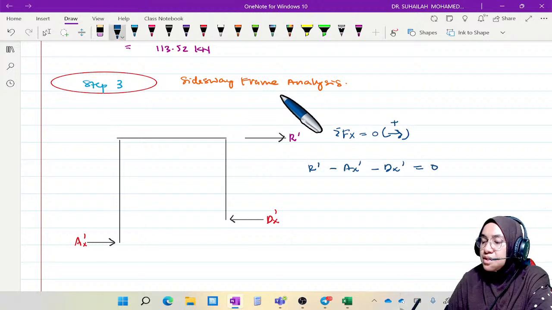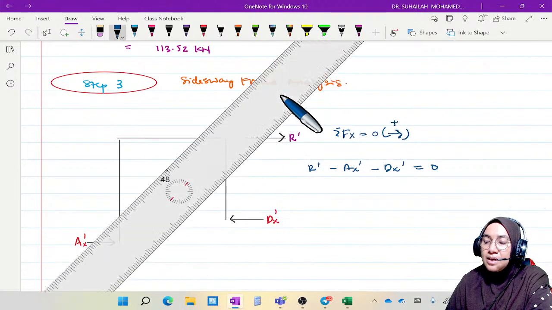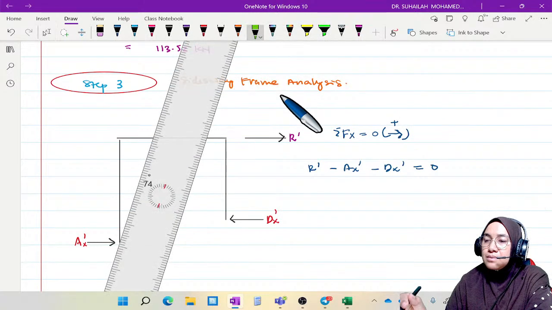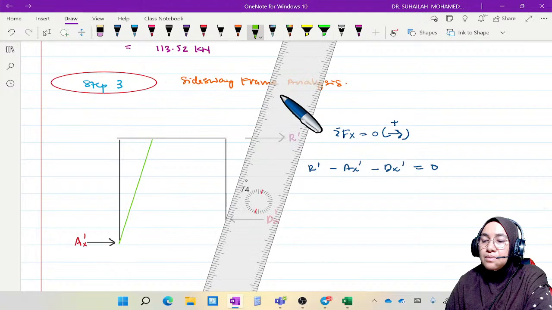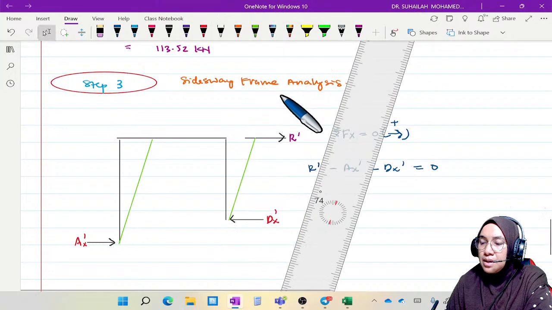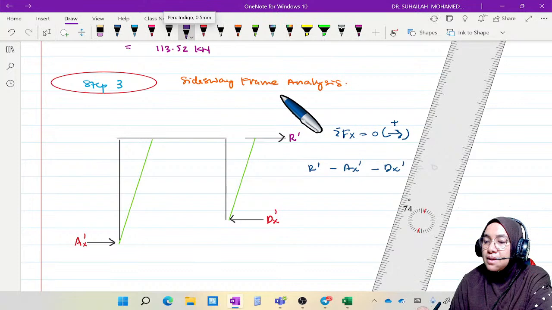What we need to understand is that we have delta, and when the frame tends to move sidesway to the right, we have the angle called delta prime. We can assume it is delta prime for both.